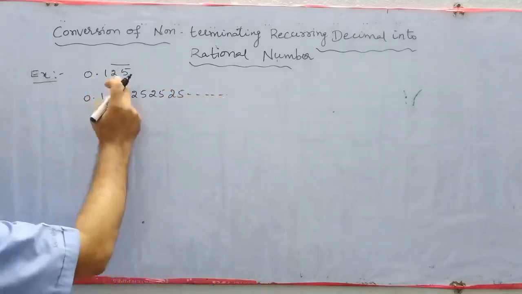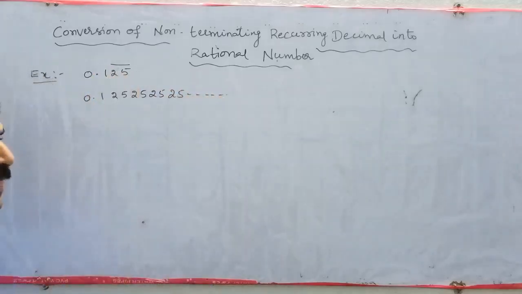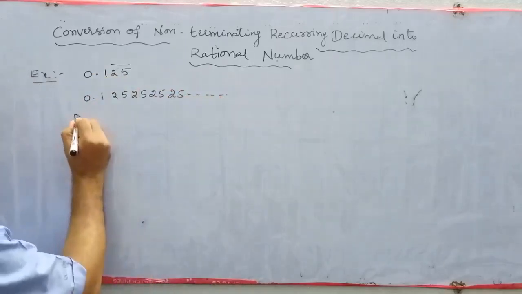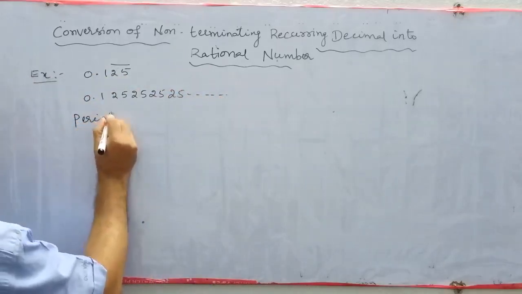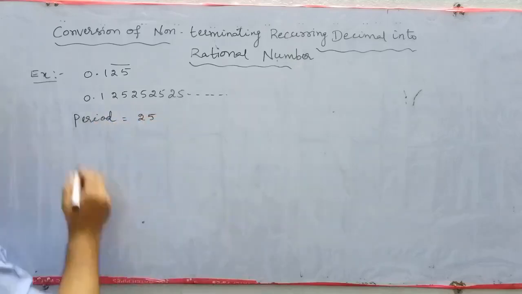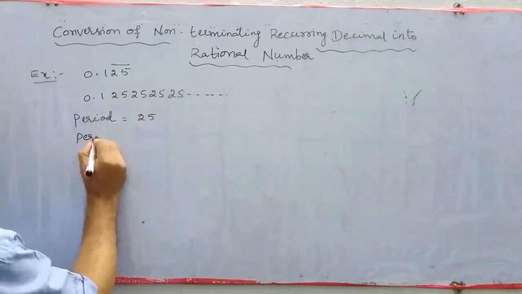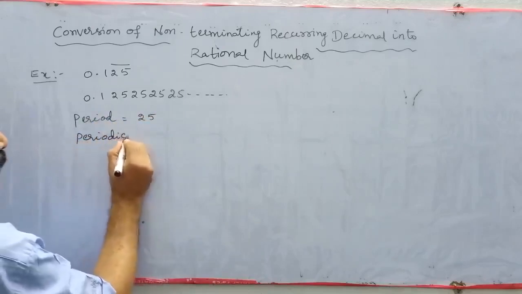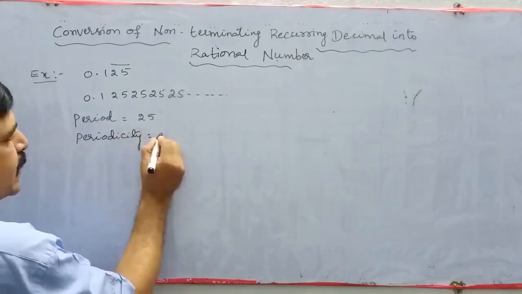Now what is the periodicity and the period here? The period is 25 and the periodicity is 2.